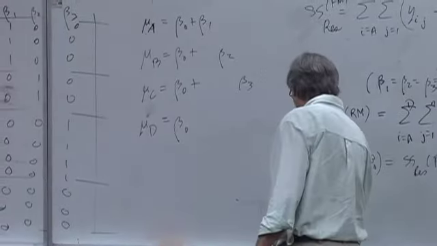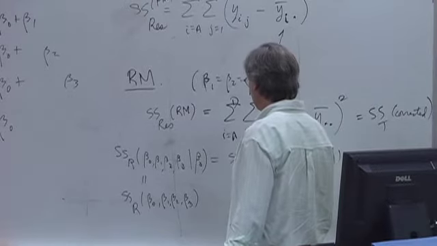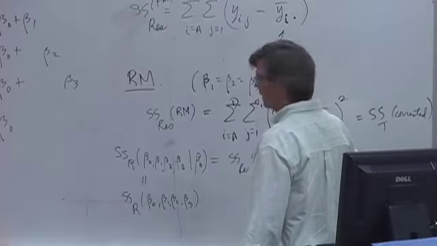This is another way to calculate this, is to take SSR of beta 0, beta 1, beta 2, and beta 3. Take all of them. If I was going to go to a 0 model, this is SS reduced model minus SS full model, where SS reduced model is where you put 0 here.